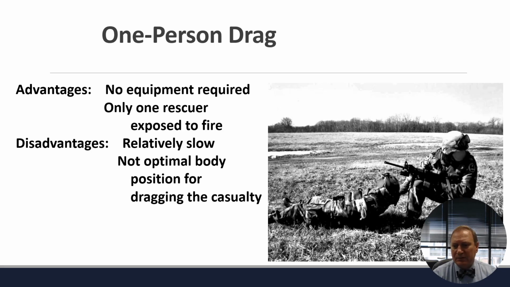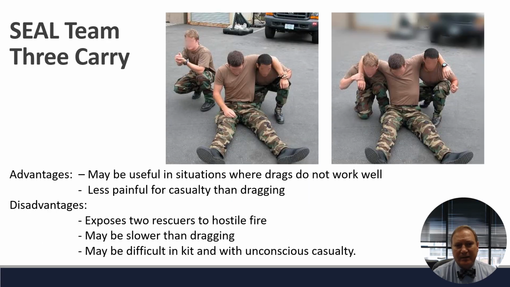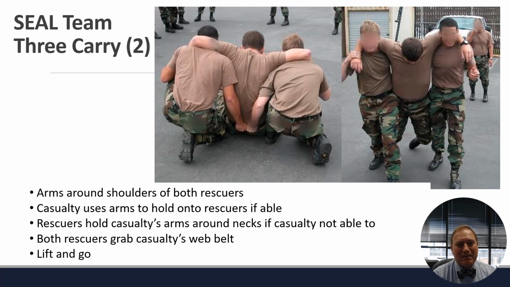Single-person movement, two-person drag, a carry referred to as the SEAL team carry. I assure you, our Army friends don't call it that, but anyway, a three-person or a two-person carry.